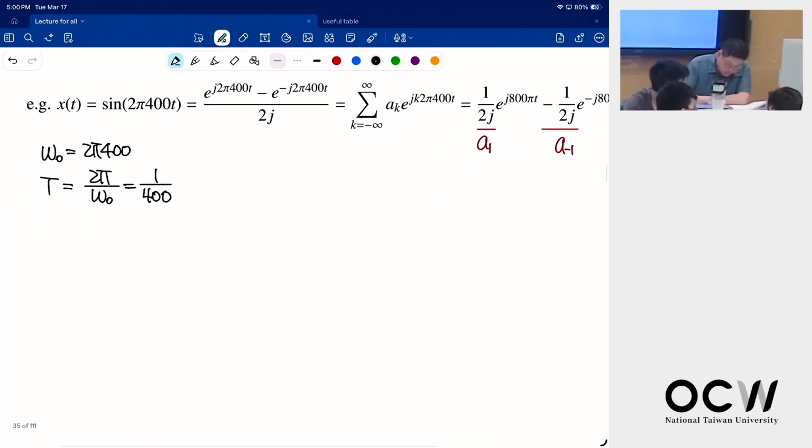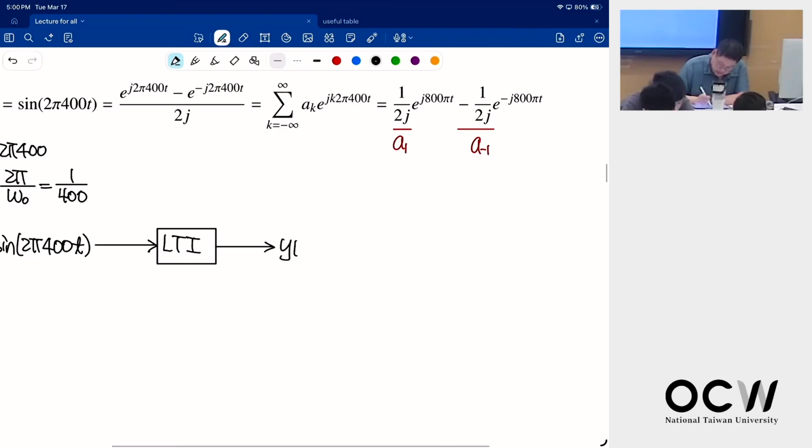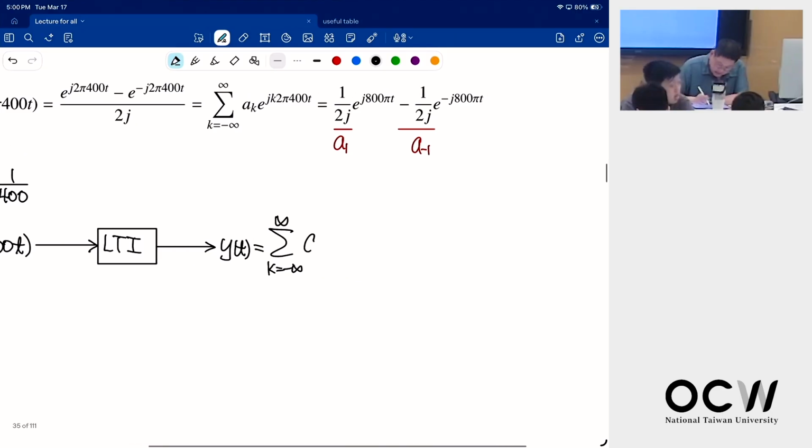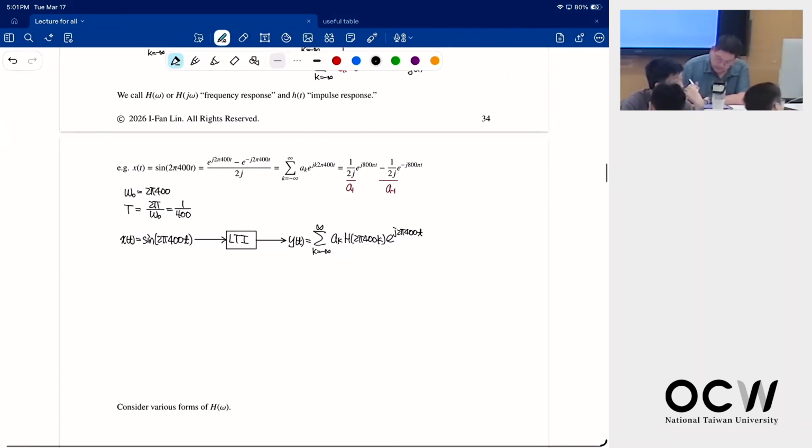So when the x is sent to the LTI system, we expect the output is the sum of Ak H of j 2 pi 400 k e to the j 2 pi 400 k t.